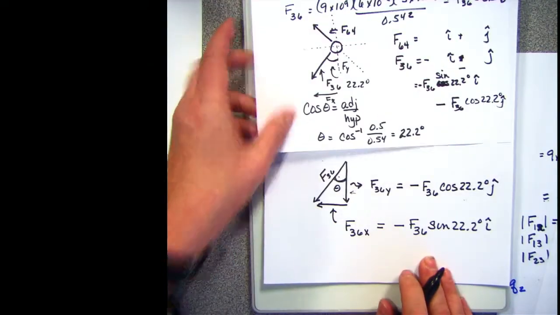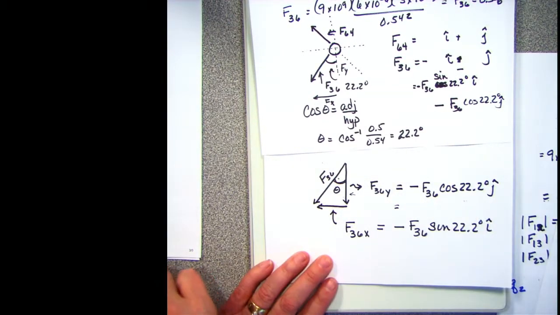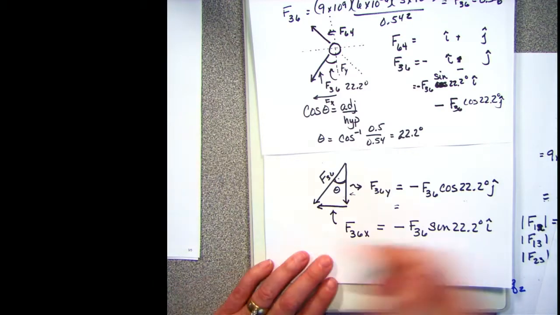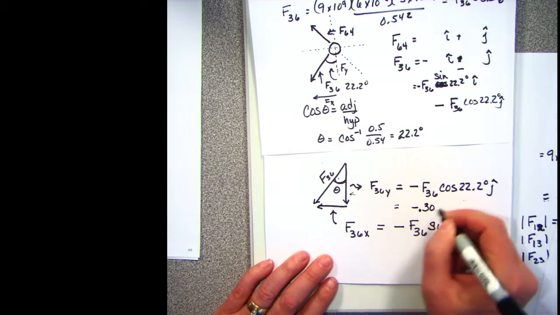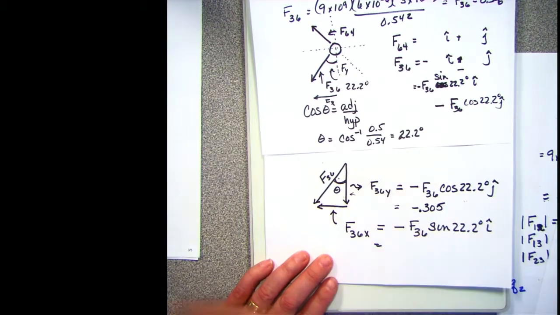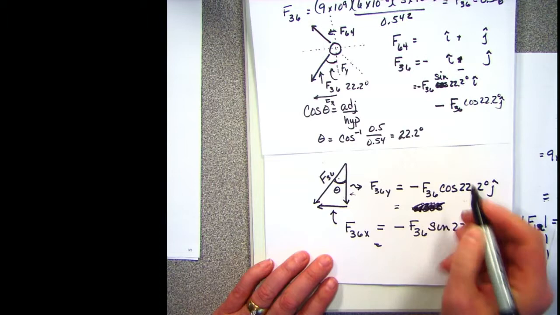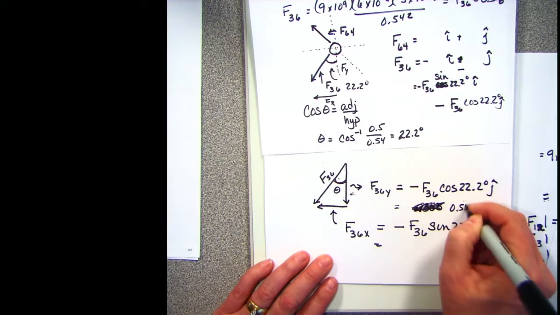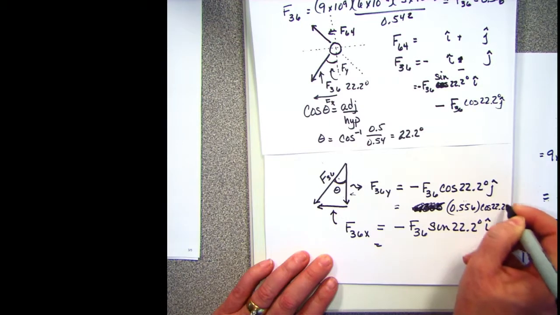So now if I do that, this becomes 0.556 times my cosine of 22.2 degrees.